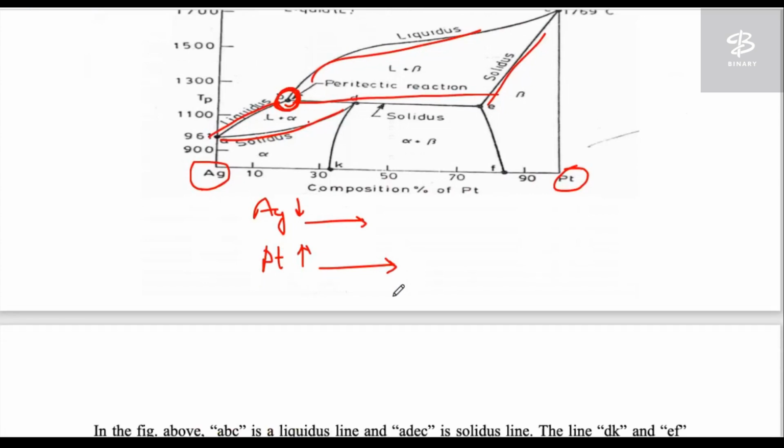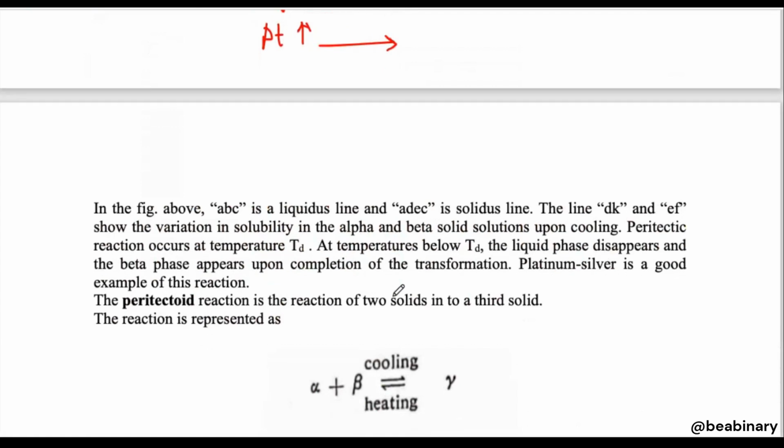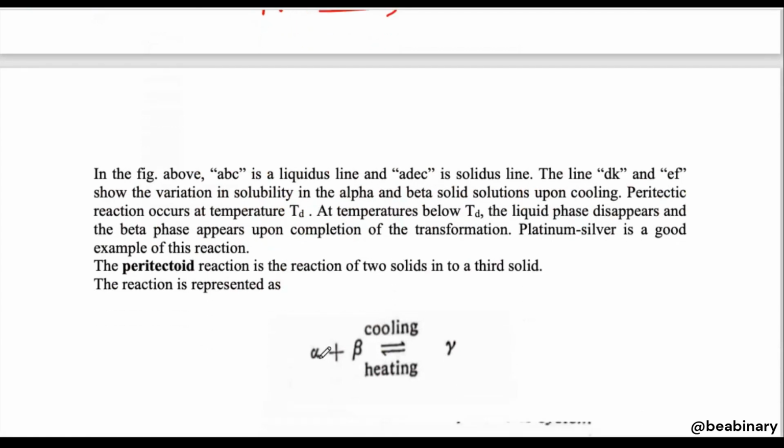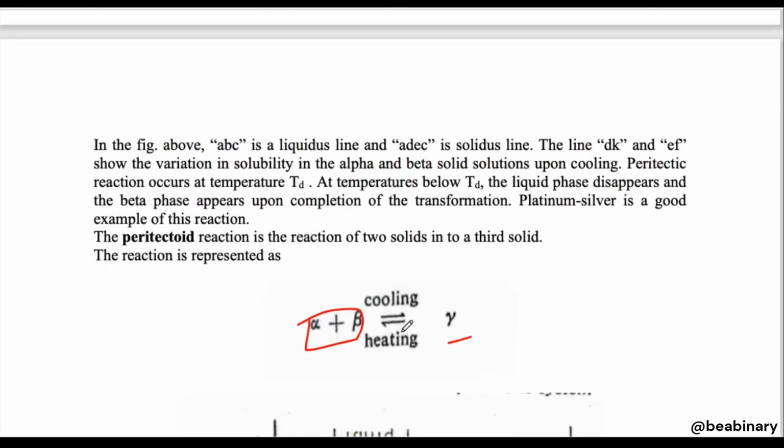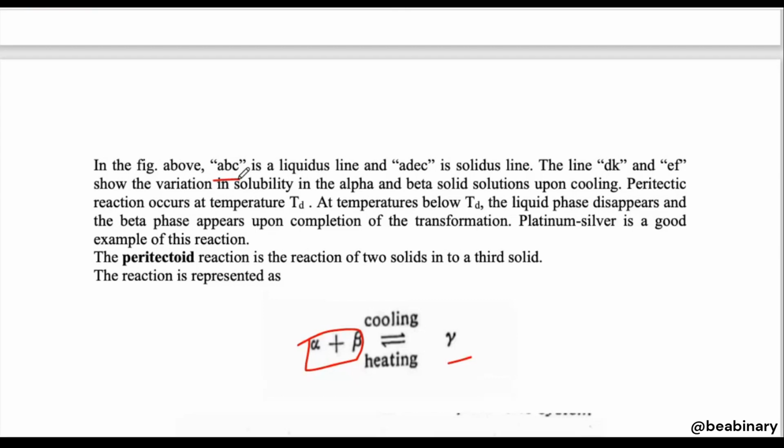This is how it works. And what is the peritectoid? Its reaction is just the opposite of that. Here alpha plus beta is going to convert into gamma. So in the figure above, ABC is a liquidus line and ADEC is a solidus line.